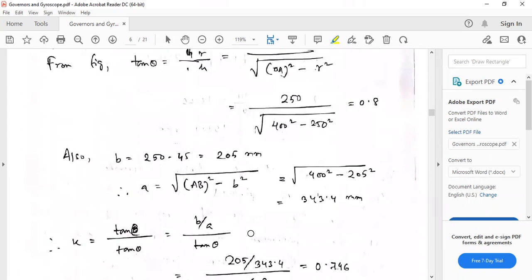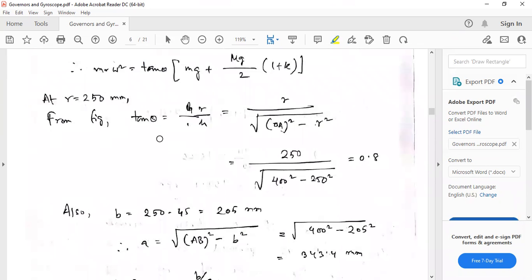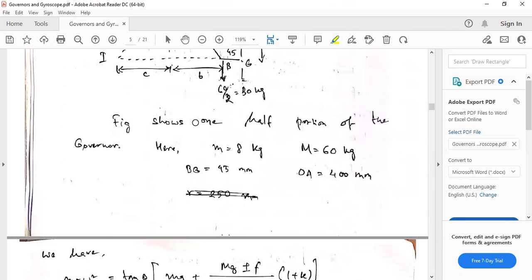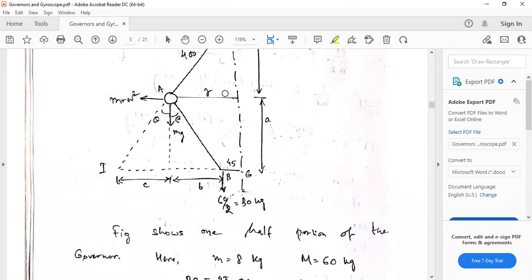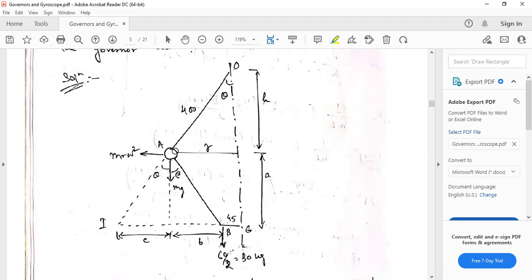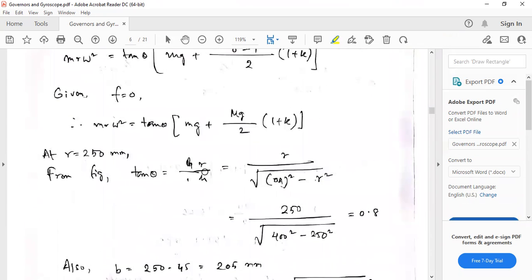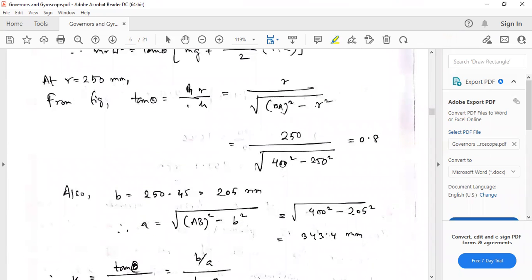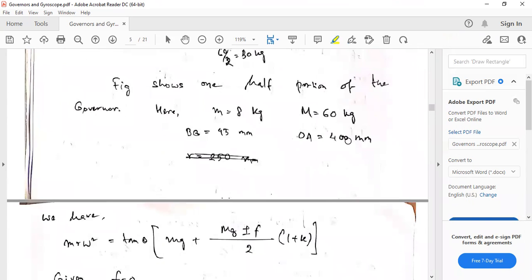Now, let's see that. So tan theta is r by h, r is 250. This is 400, right? So let's find this part. R square plus h square equals 400 square. So we want to find h square, so h square equals 400 square minus r square. OA is 400.